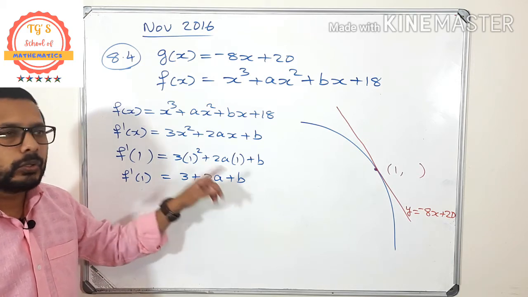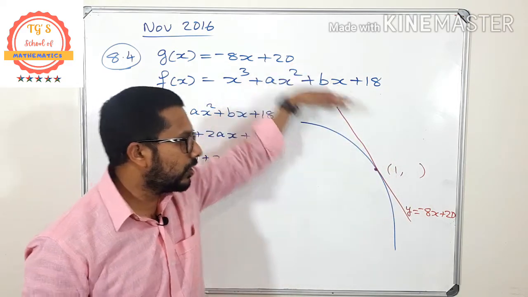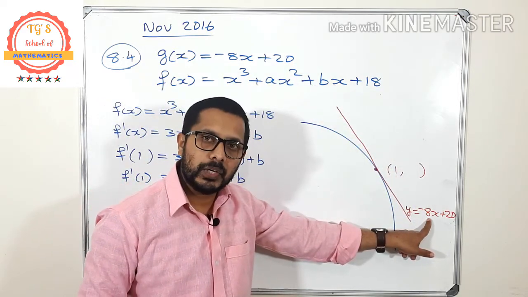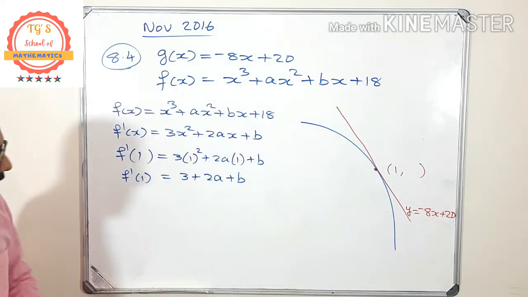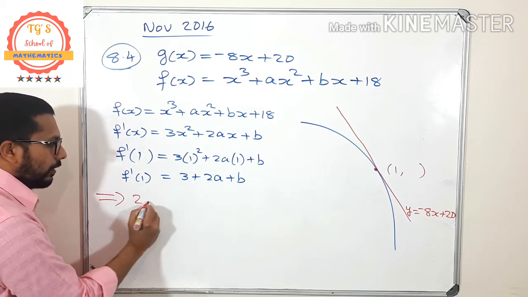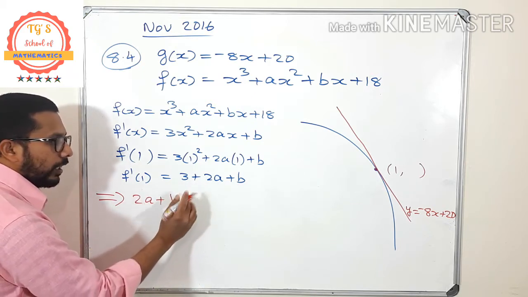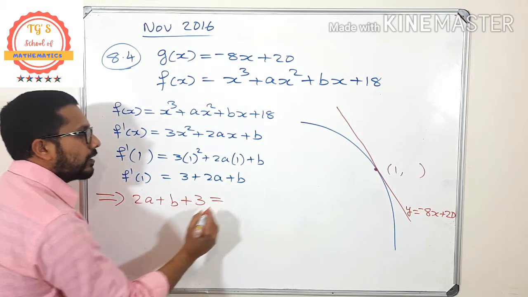Am I right? But in another way, it is given that the gradient of this tangent, we know it is minus 8. So it implies that 2a plus b plus 3, let me write in that order, otherwise it's the same thing, that is the gradient.